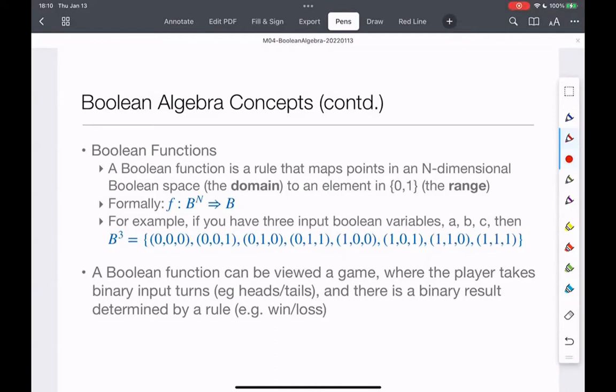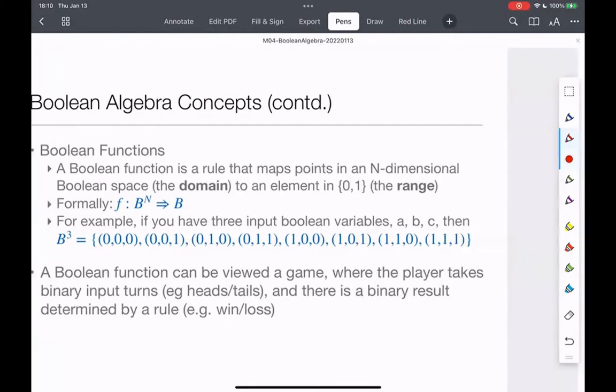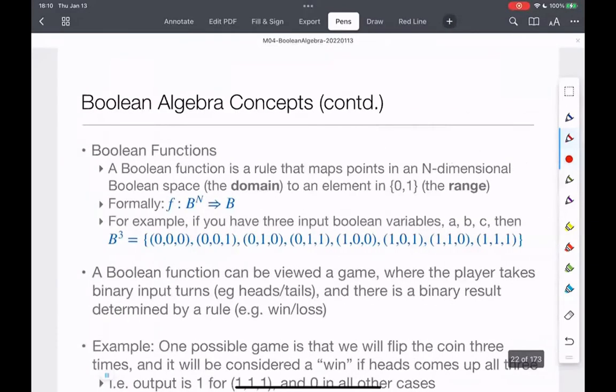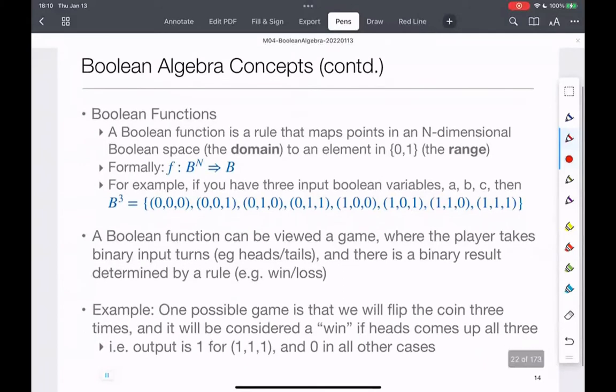And then the output is 0 or 1, and we can say 1 means true, 0 means false, or 1 means winning, 0 means losing. So you can think of it like a game where we are basically saying what input patterns correspond to the game winning, for example.